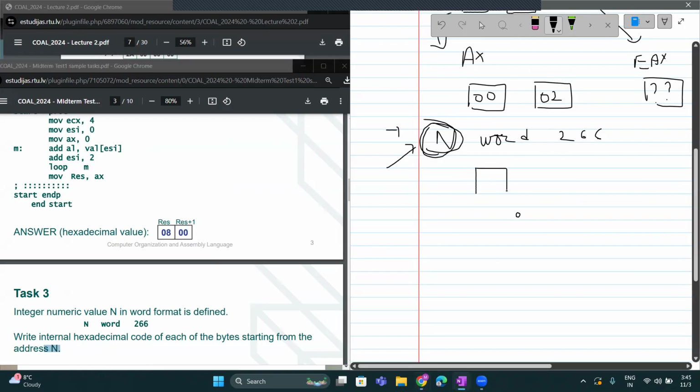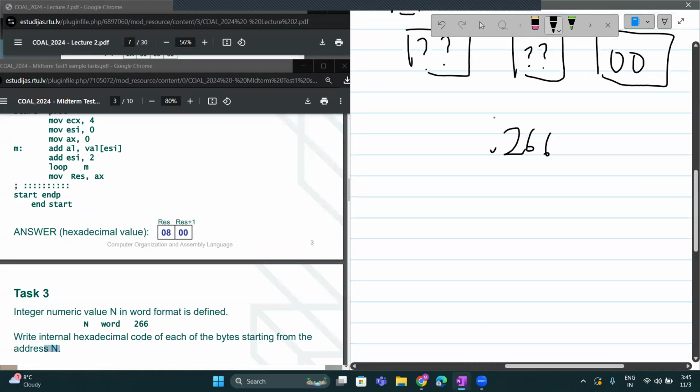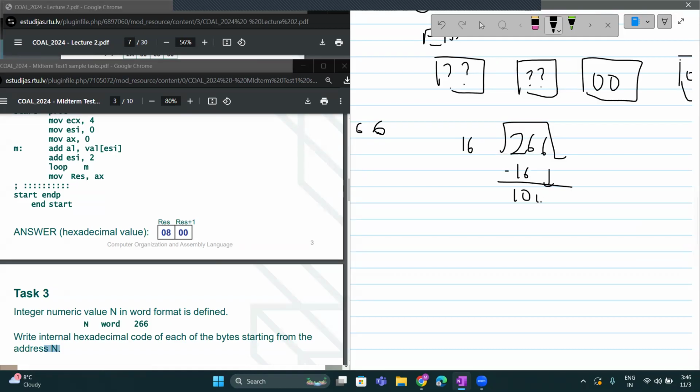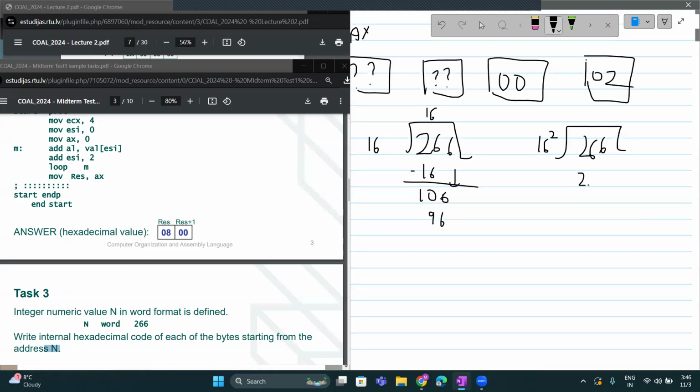So a word has 2 bytes. So we draw 2 bytes. And we also convert this into hexadecimal. 266 divided by 16, 16 times 16 is 256, and the remainder is 10.